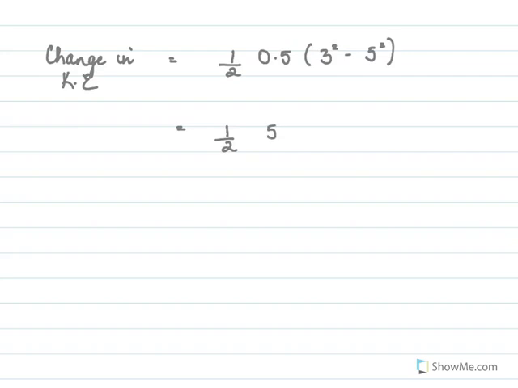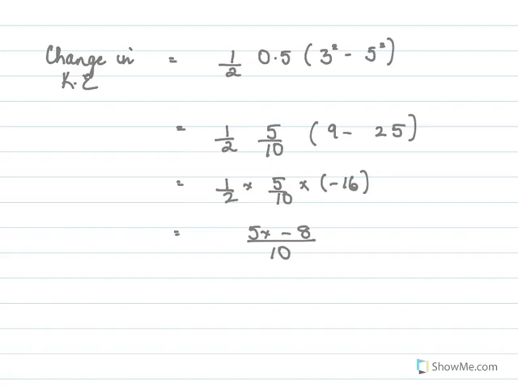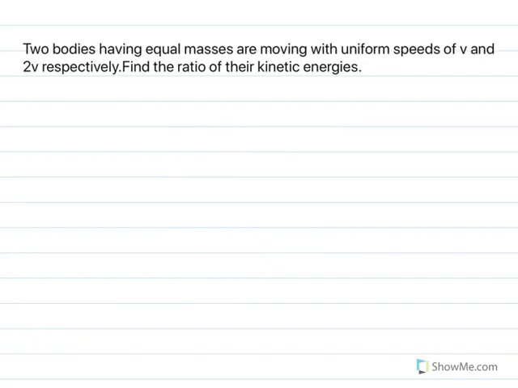So this would be half, 5 over 10, 9 minus 25, that would be minus 16. And on cancelling it, you will get 5 into minus 8 over 10. So that is minus 4 joules. However, energy is a scalar quantity, so you write change in kinetic energy is 4 joule.